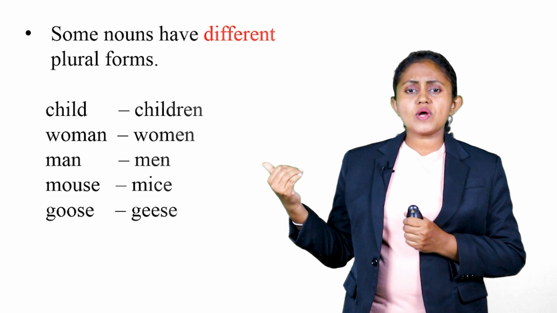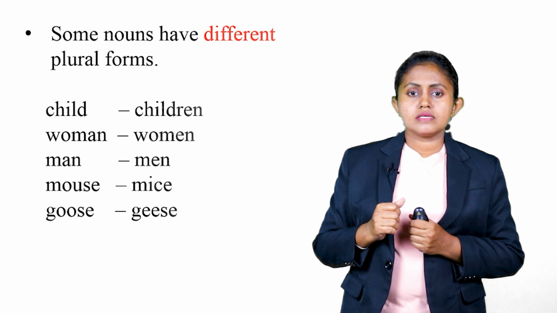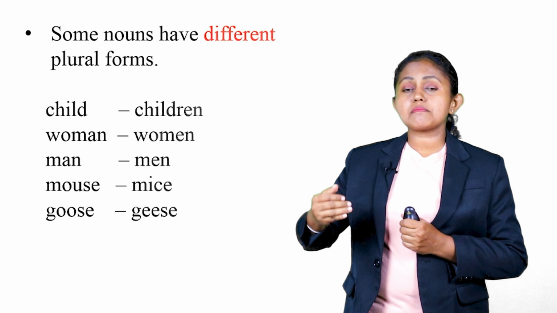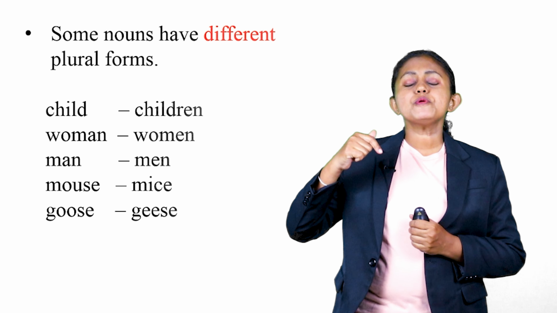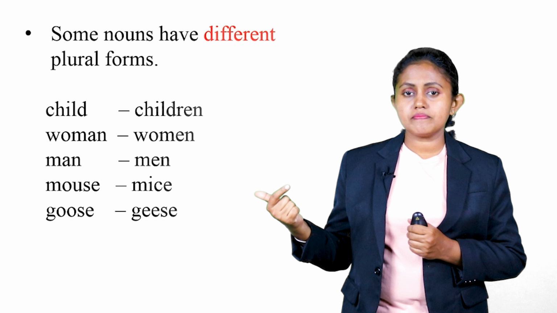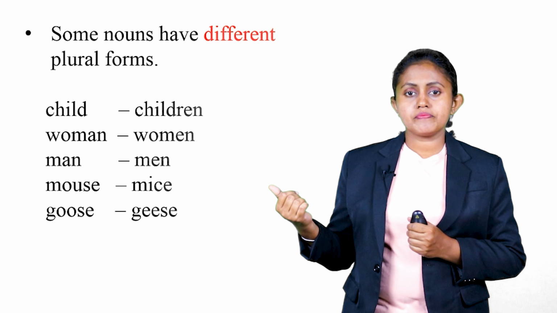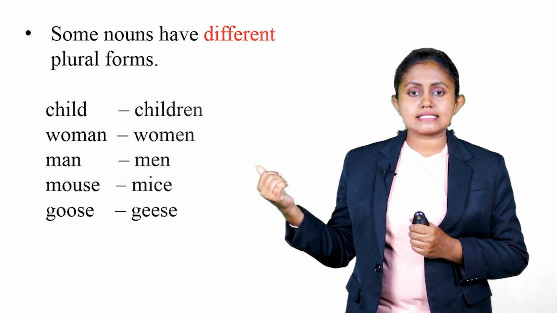Next one is mouse. Mouse is one. But how to make the plural of that noun? It is mice. The singular one is mouse and the plural one is mice. The last example is goose. The plural noun of this noun is geese.